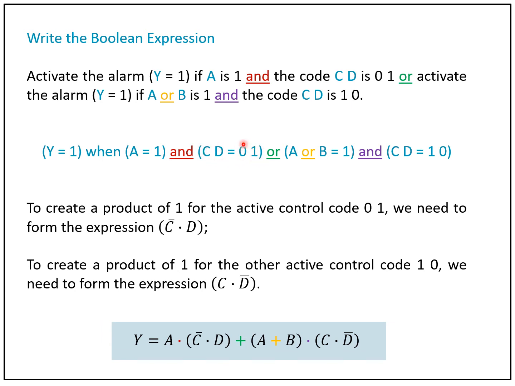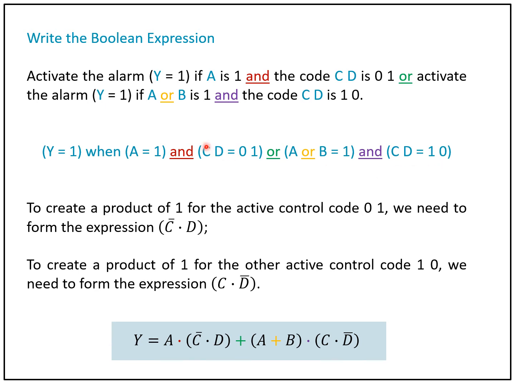So if we replace active state 2, which is CD, with a value of 1, together the expression on the right will give a value of 1, because the logic 1 AND 1 gives 1, and 1 OR 1 also gives 1, and 1 AND 1 would also give 1. So as a total, the whole expression on the right would become equal to 1.